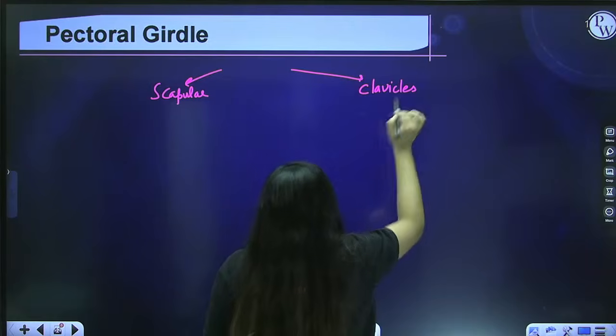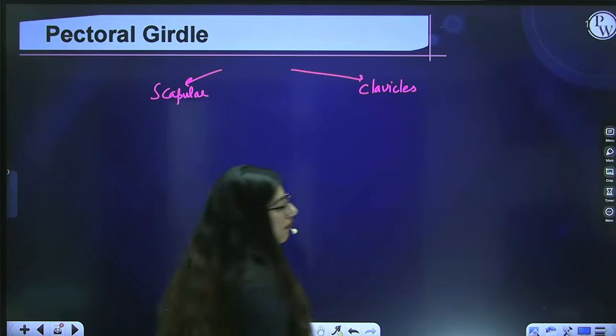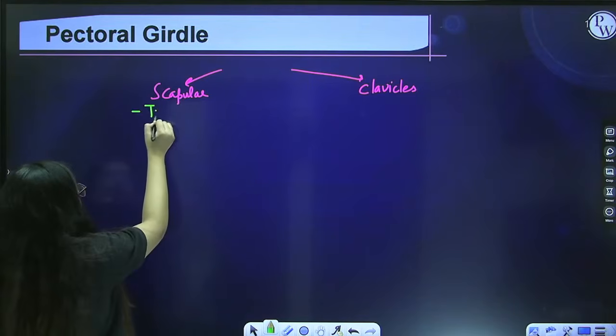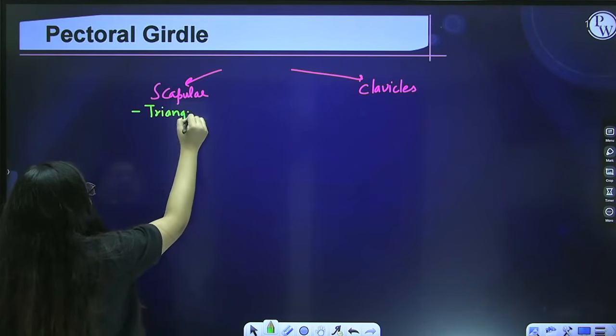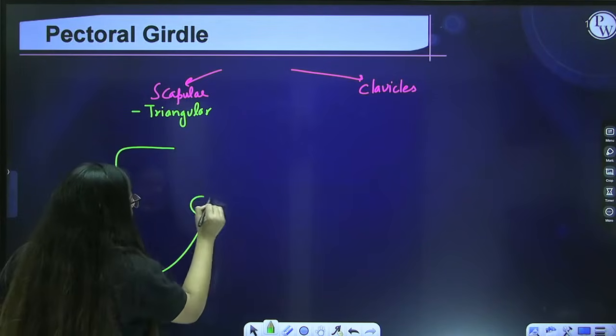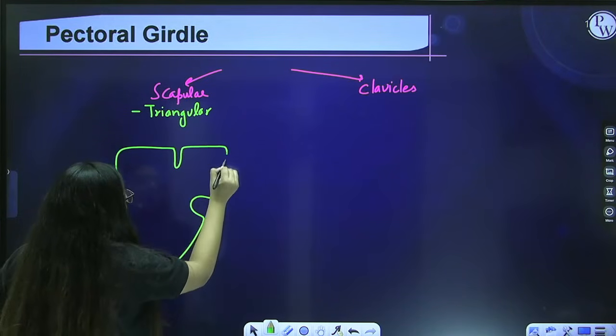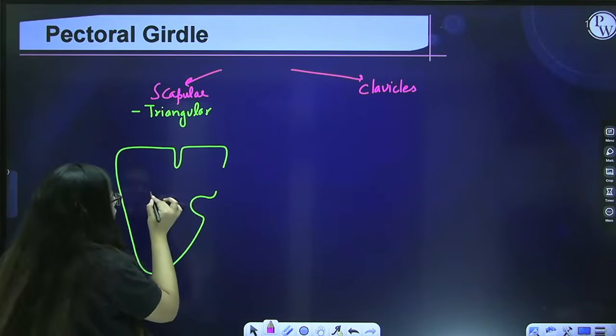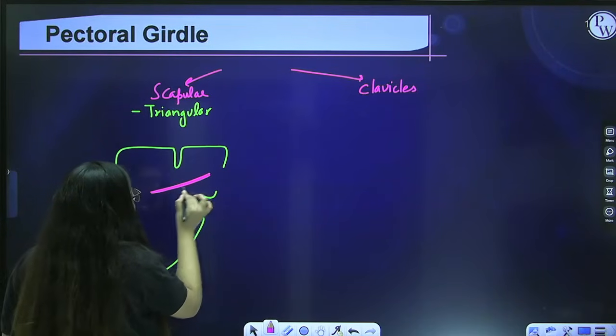Okay guys, now this, which is scapula, it's a triangular shaped bone. Just like this. Okay, this is how it looks like. And here it has small, ridge-like structure.